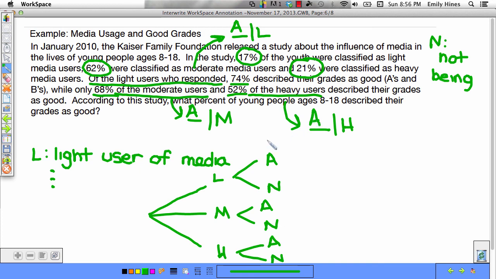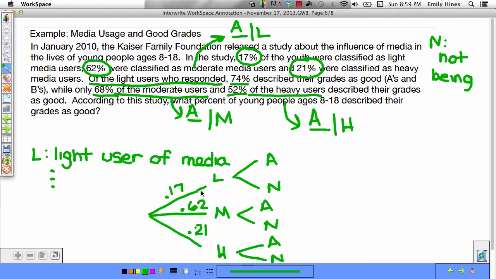So here, they are telling me 17% of youth were classified as light media users. Okay, that tells me that of these, 0.17 were classified as light. I know that 0.62 were classified as moderate and 0.21 were classified as heavy.